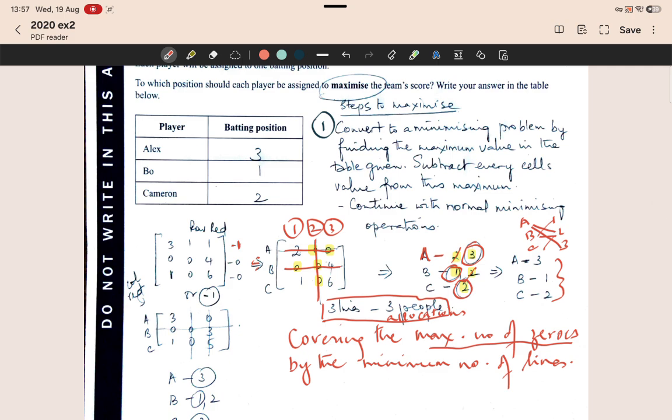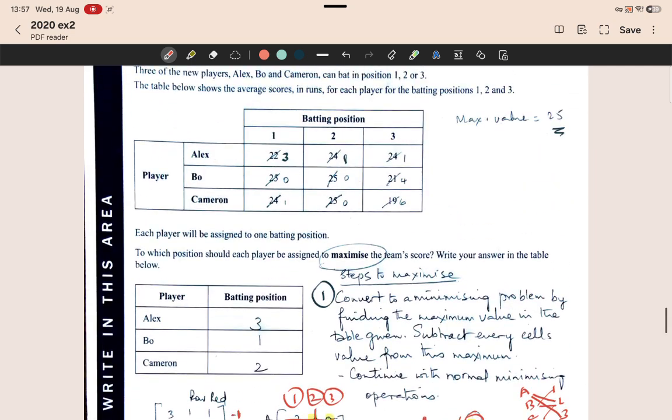Now, if you were to look at this question more analytically, and if it came as a multiple choice question, and you really didn't have to show any working, you could actually just look at it. Some questions are relatively easy, which can be just looked at and worked out, whereas some may need some working. If you look at the original data given, the maximum values are 25, and they occur in these 3 positions.